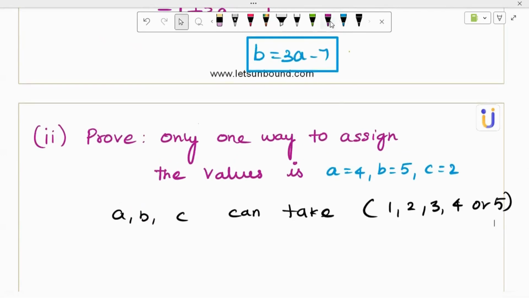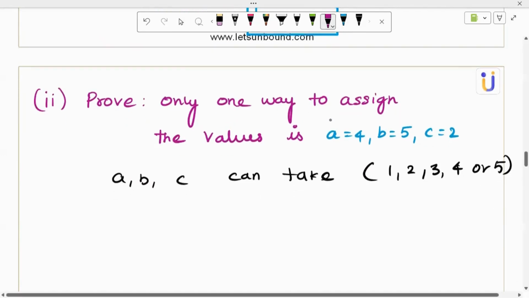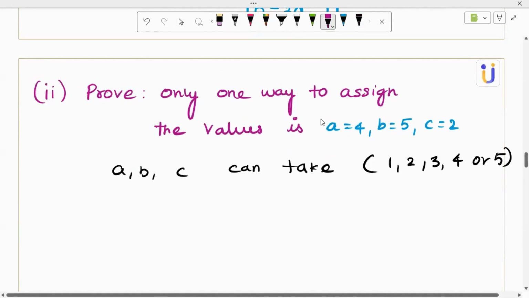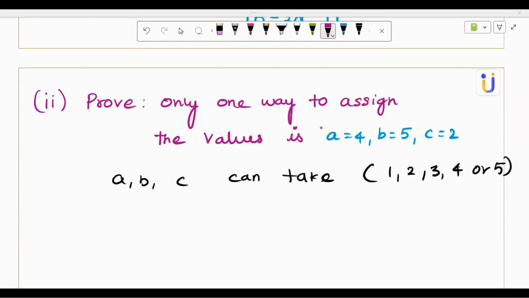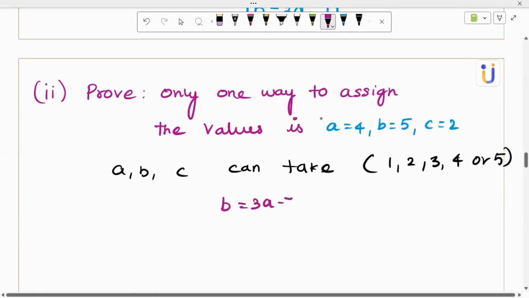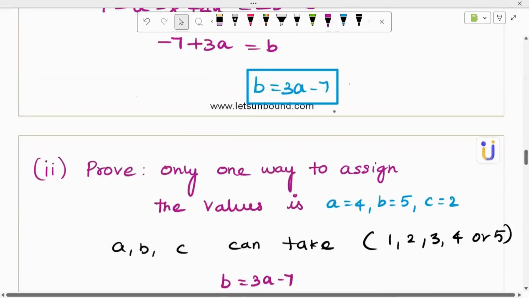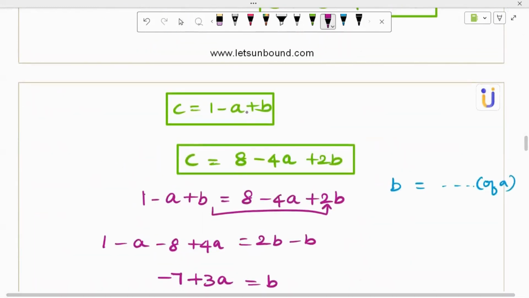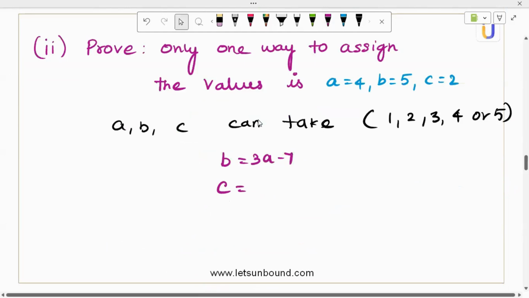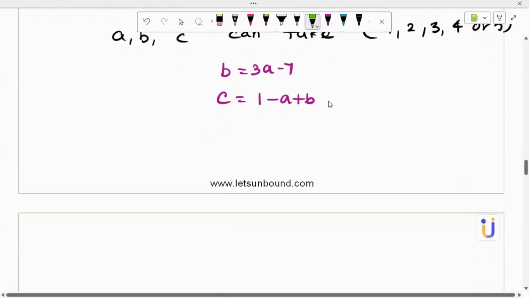First of all, I have a relation between A and B. We can use that: B is equal to 3A minus 7. Also, I have two relations for C, so I'm going to take the simpler one, 1 minus A plus B. When A is equal to 1, we're going to try trial and error.